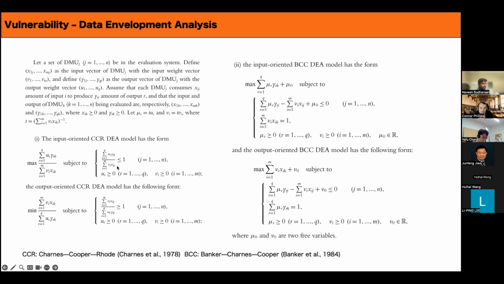We have used two different methods, that is the CCR and BCC methods. These two methods are most commonly used. And DEA, data envelopment analysis, is a management tool, and it is totally non-parametric, where you should not be giving any parameter into it, but it will automatically calculate the weights for each parameter.